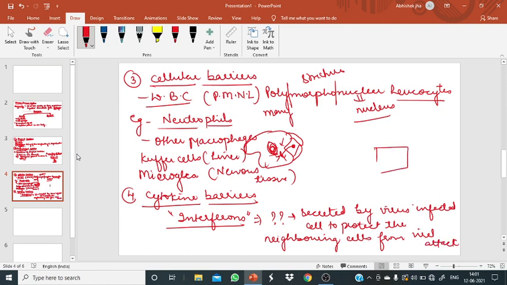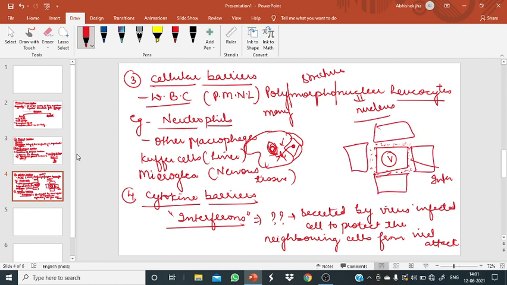Suppose this is the virus infected cell, right? Then it will secrete some low molecular weight glycoproteins around it, and those glycoproteins are called interferons. So this will not allow the growth of virus in these neighboring cells.